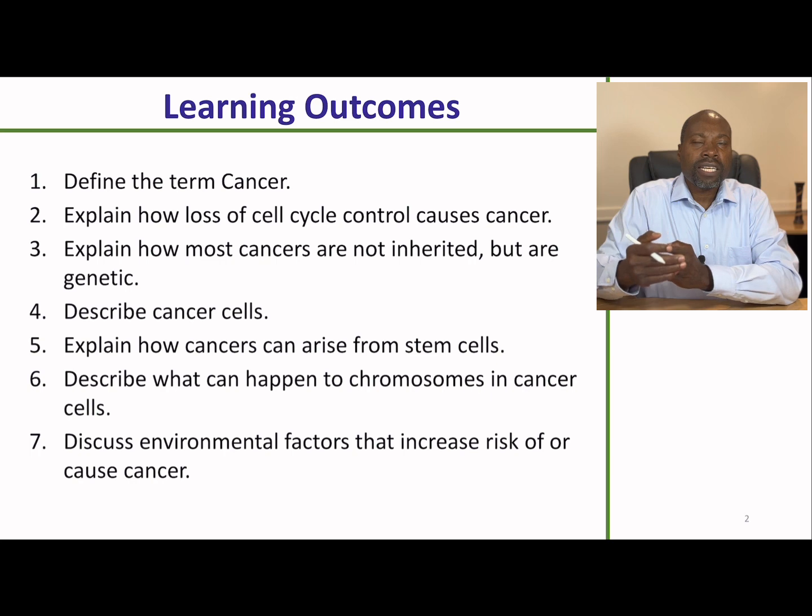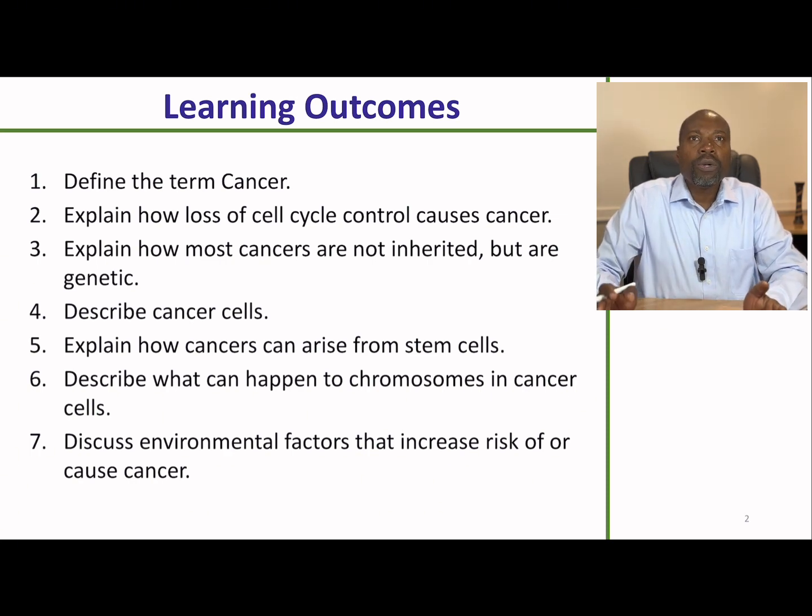What I mean by inherited is that we have intrinsic factors that predispose someone to cancer. We are going to define cancer cells. How are the cells behaving? And what is the role of stem cells in cancers, differentiated cells in cancer?